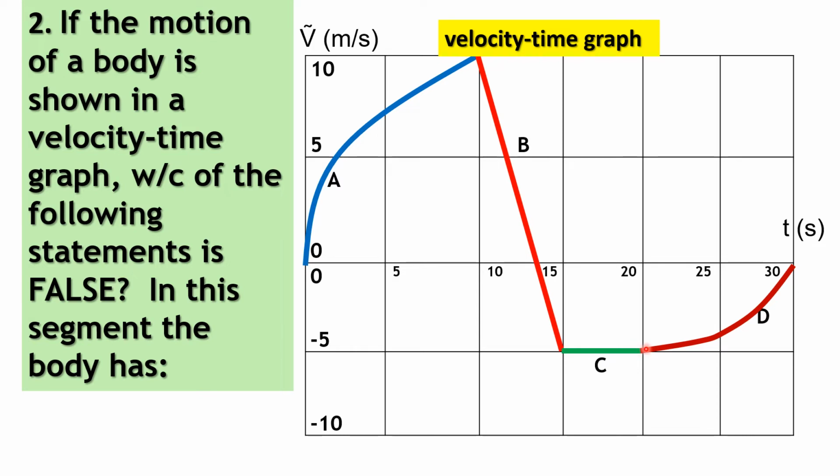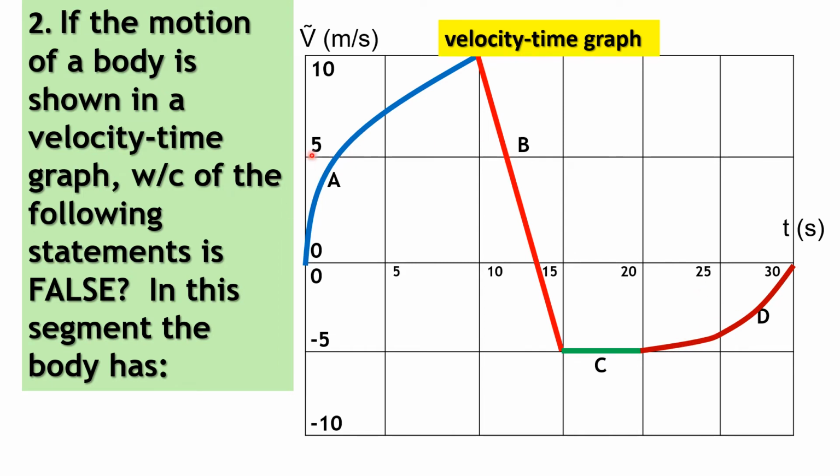And finally, for graph line D, what do we have? We have a variable slope, okay, a changing slope, meaning the acceleration is not constant. Okay, it's not constant, but is it increasing in magnitude or decreasing?